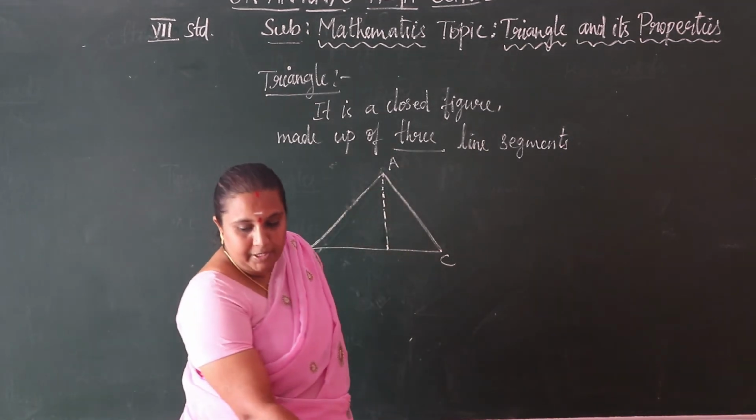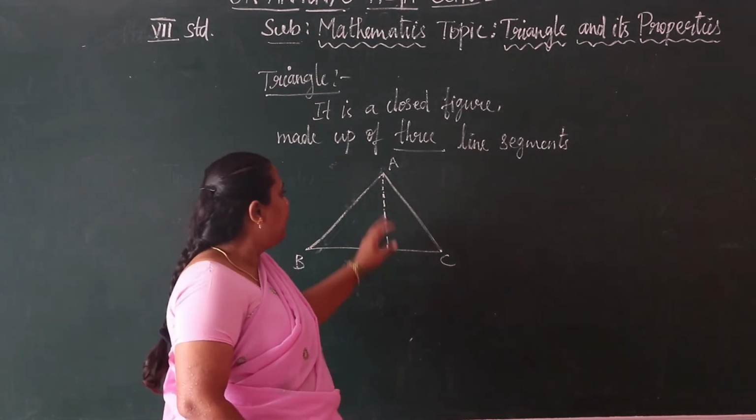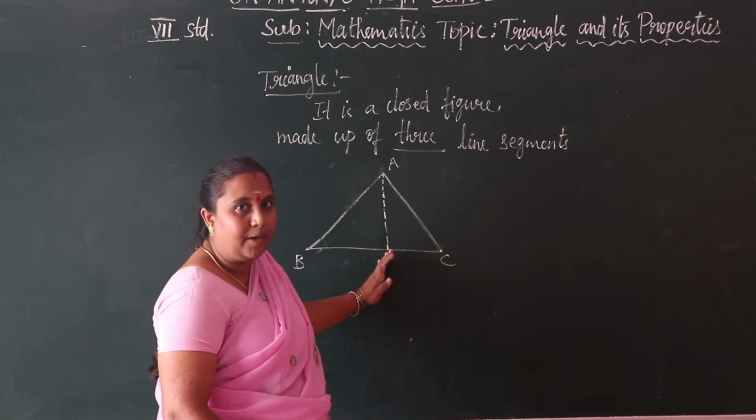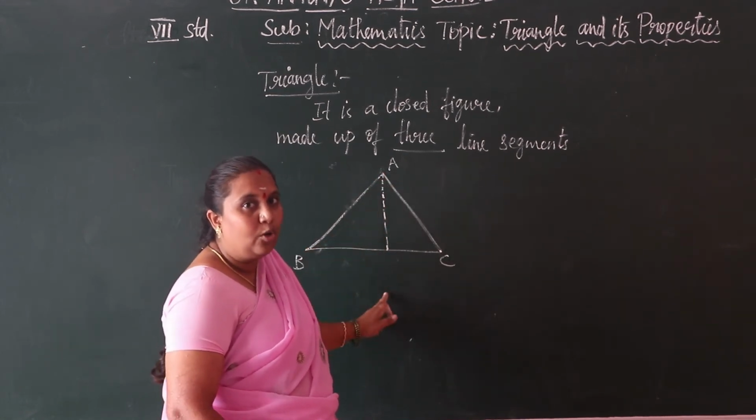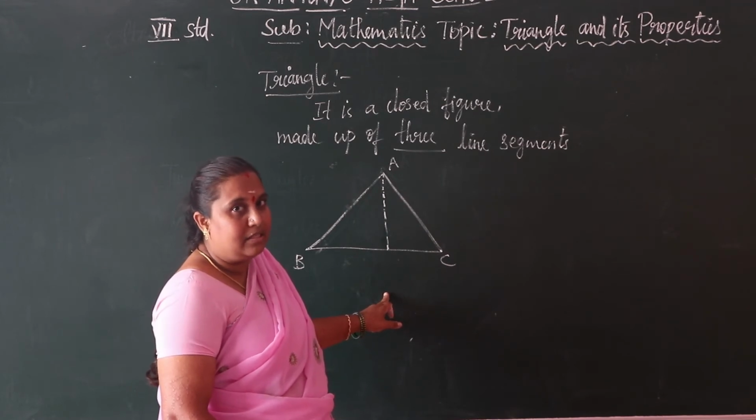So a perpendicular line is drawn from vertex A to the third side BC.